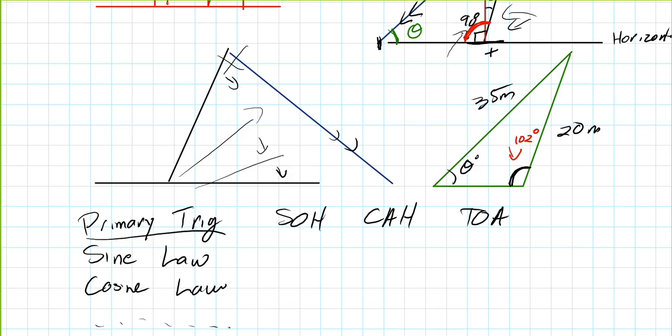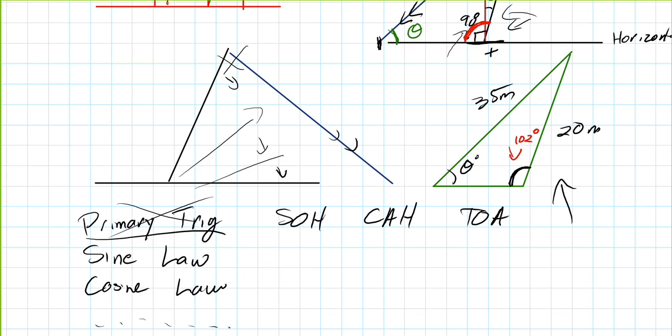What's the rule for using the primary trig ratios? Do you know what type of triangle you have to have? 90. Yeah. 90 degrees. And if we take a look here, nothing here proves that this is a 90-degree triangle, so our primary trig ratios are probably out of the question. Cosine law and sine law. For sine law, you need an opposite angle and an opposite side.